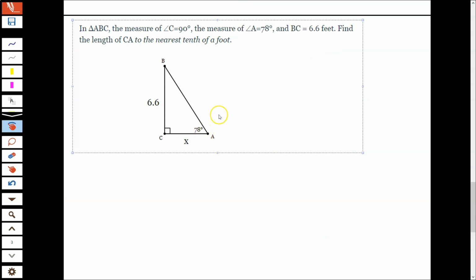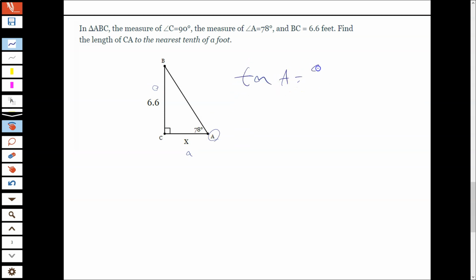Okay, so here's our tangent problem, and I already told you it was a tangent problem, but the reason I know is A is my angle given, and then I don't have a hypotenuse, right? So I have 6.6 is my opposite side and x is the adjacent side. So I'd say tangent of A is the opposite over adjacent, which is tangent of 78 equals 6.6 over x.